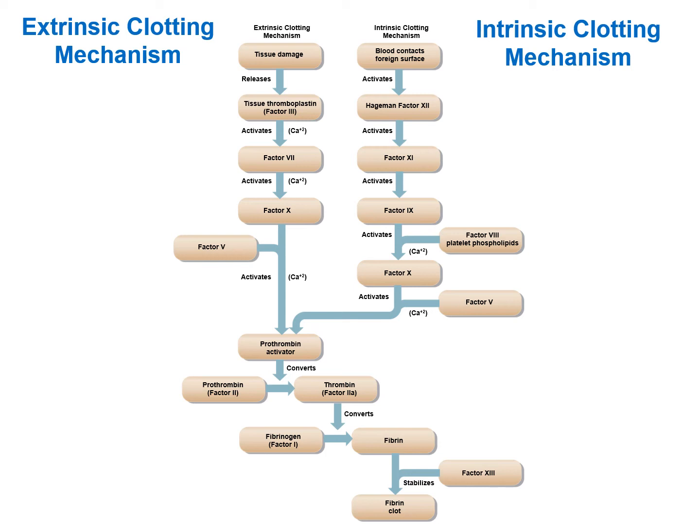But notice that these various reactions do merge into prothrombin activator, just like extrinsic does. So this bottom part of the mechanism, of course, is shared by both mechanisms, extrinsic and intrinsic. The initial part of the processes, of course, do differ with regard to the different clotting factors.